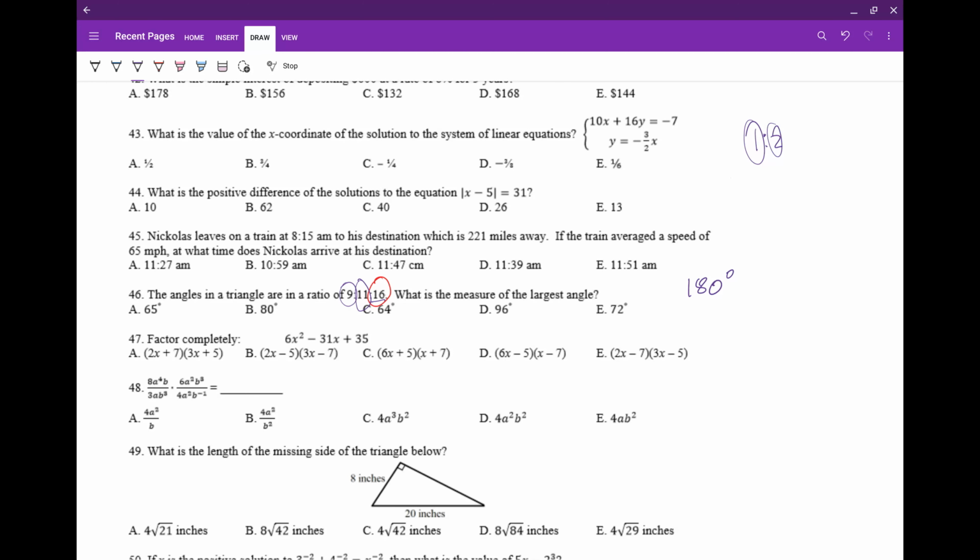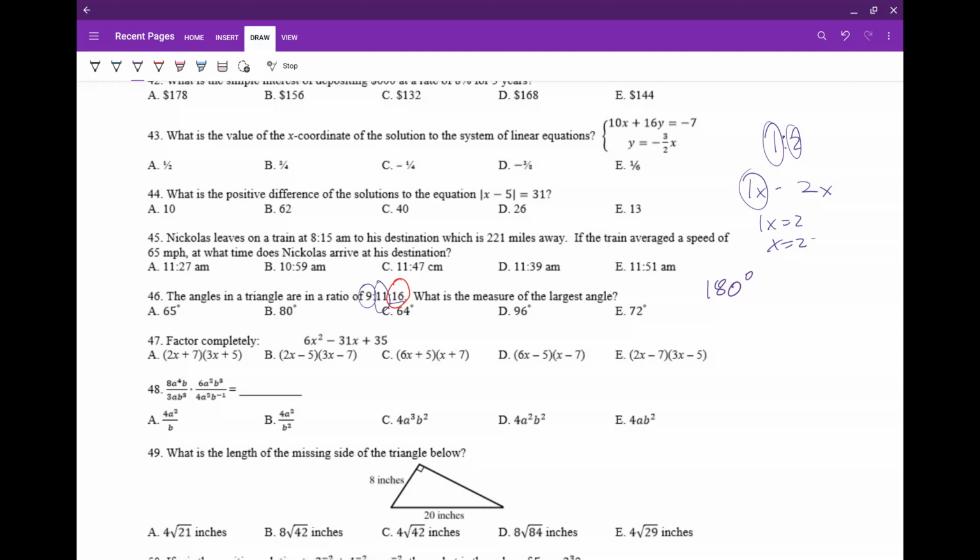And how would I solve that? Well, if I had 1x pennies, and then I had 2x pennies here, and I said 1x is equal to 2, that means x is equal to 2, and then I can plug that in here, and I find that 2x is equal to 4. So if I have 2 pennies on this side, then I have 4 pennies on that side. Might have been better if I used pennies and quarters, for example.